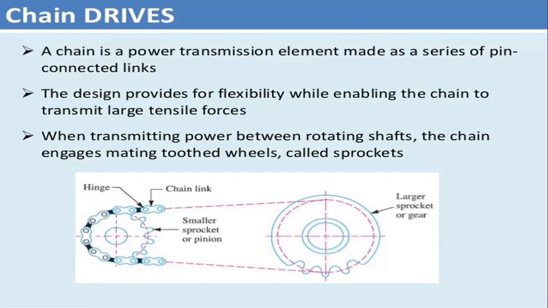In the picture you can see the sprockets: this is the smaller sprocket, or pinion, and this is the larger sprocket. The larger sprocket is called the gear and the smaller sprocket is called the pinion. Two names are used for the two sprockets, the gear and the pinion.